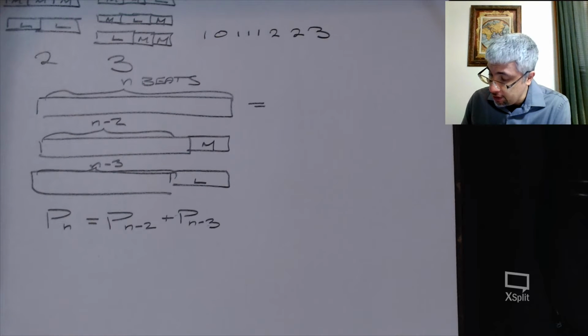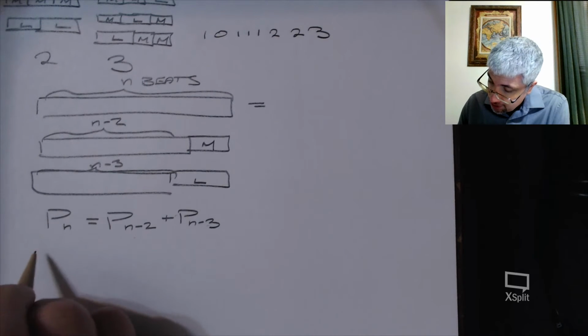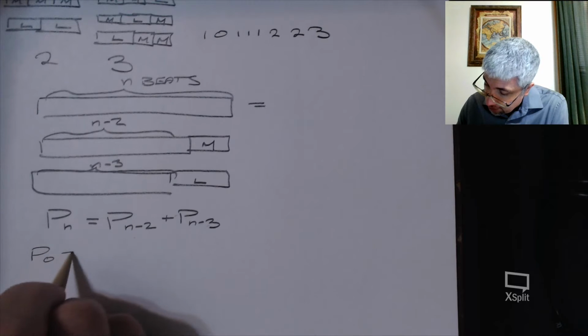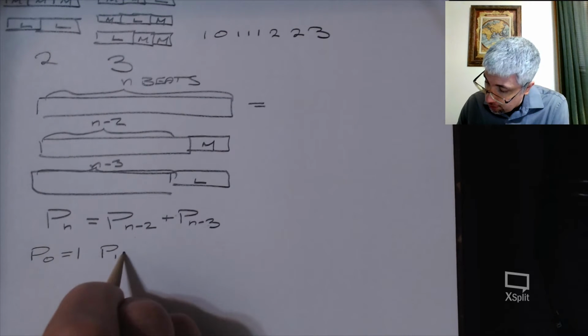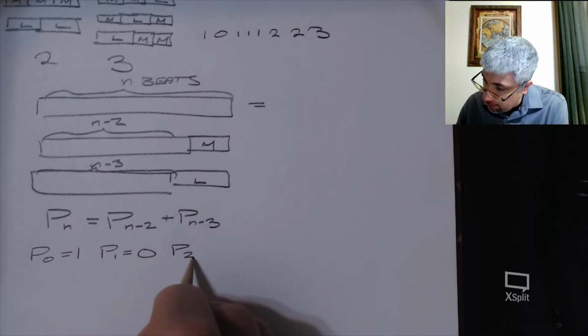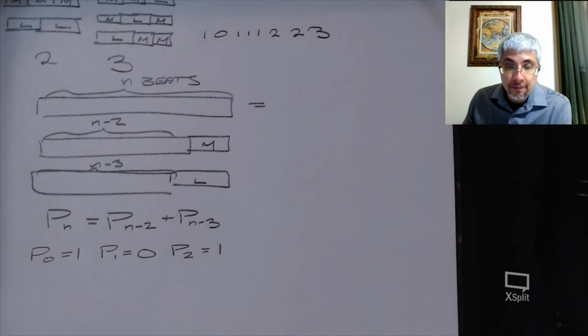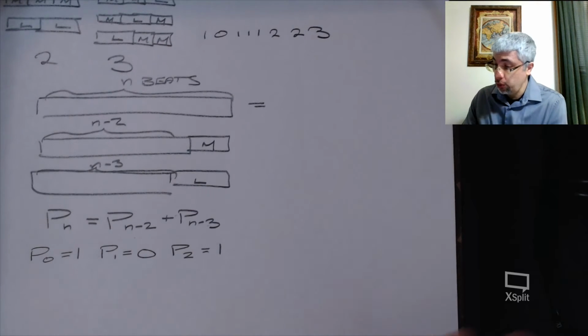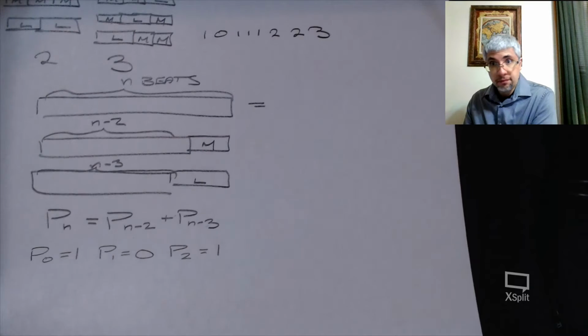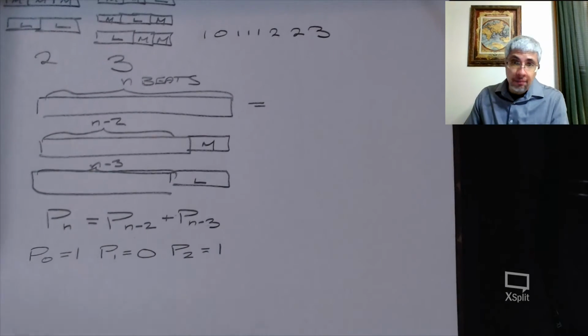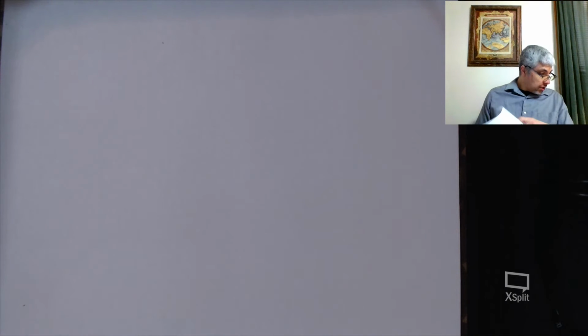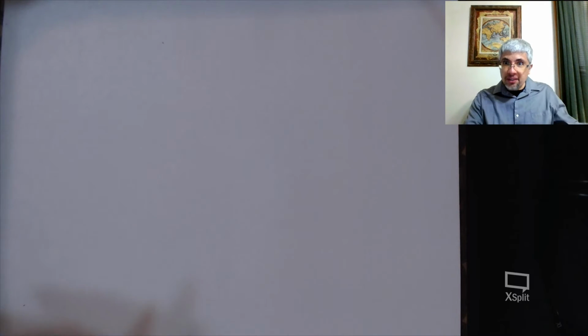And together with my initial conditions, which is P of 0 equals 1, P of 1 equals 0, P of 2 equals 1, this should be all I need in order to compute the sequence. And there's many, many ways to compute the sequence, but we are going to use generating functions. Okay, so let's try this out.